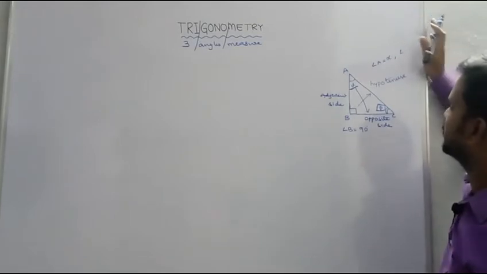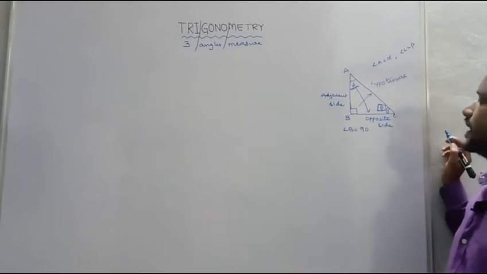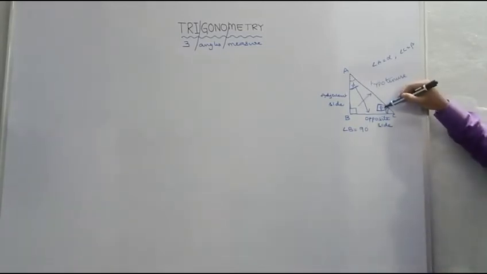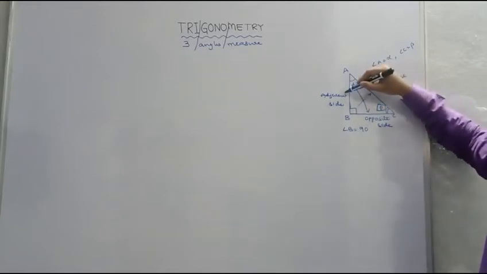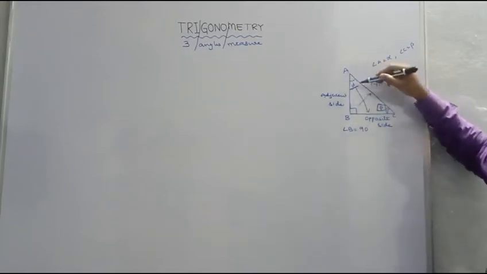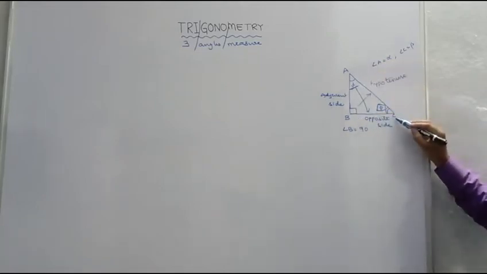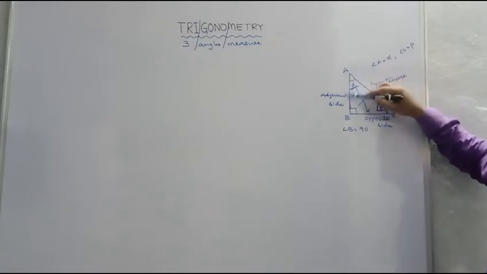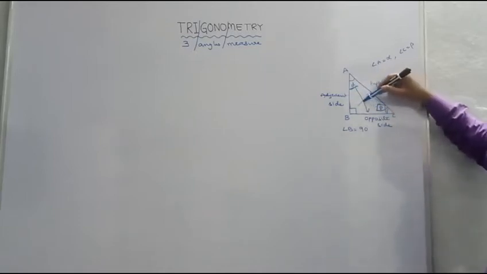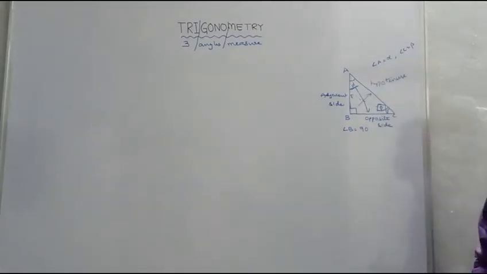Angle at C is beta. Then for angle beta, the opposite side is changed to AB. Previously, for angle alpha, BC is the opposite side, but with reference to angle beta, the side that was previously adjacent is now the opposite side. This thing you have to notice.